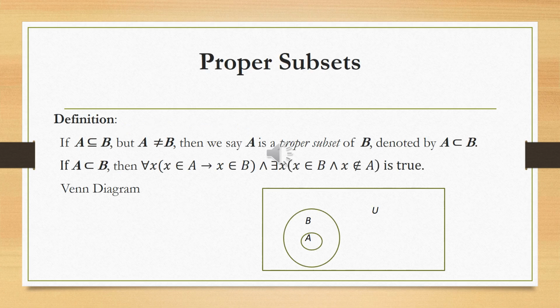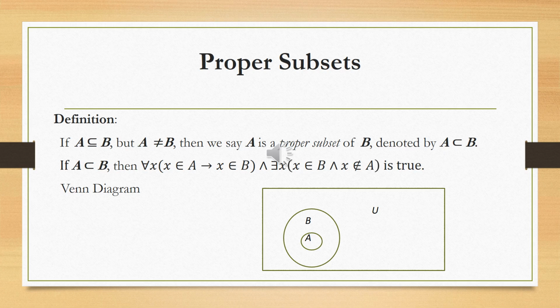Proper subsets. Definition: if A is a subset of B, but A is not equal to B, then we say A is a proper subset of B, and we denote that by this symbol, which is almost the same as the subset symbol, but there is no unequal sign underneath.